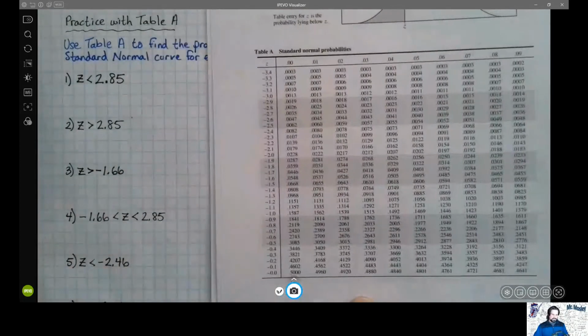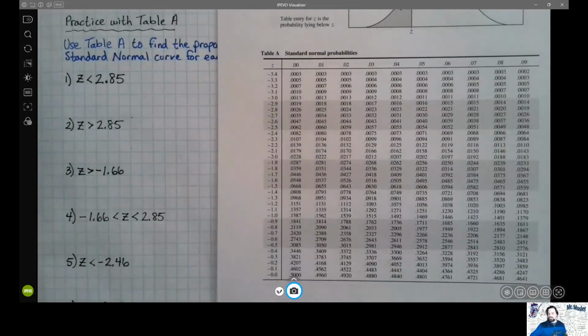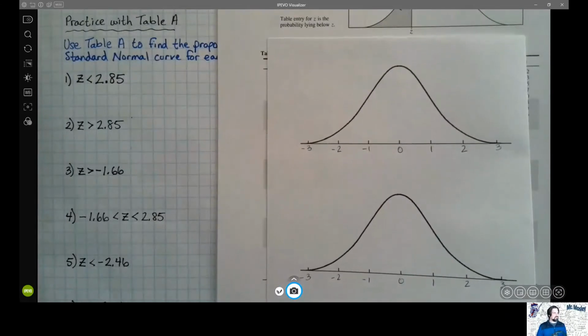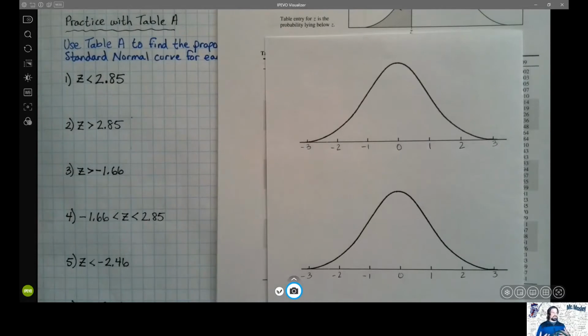I'll be able to use these to get my answers. I've also got some blank standard normal curves so that I can show where these z values are. It'll help make the proportions make a little more sense.